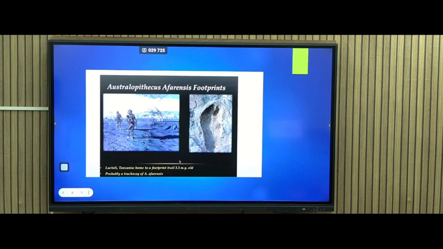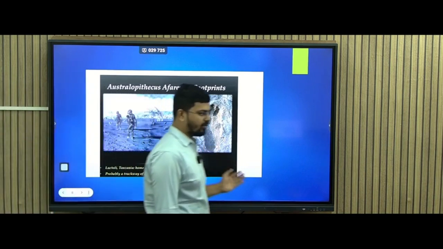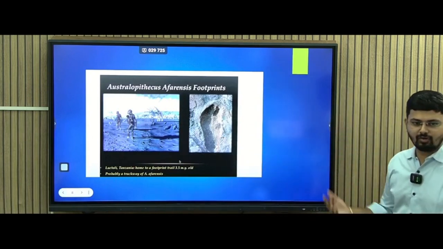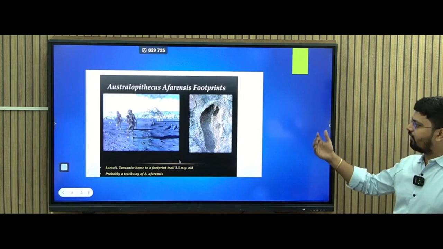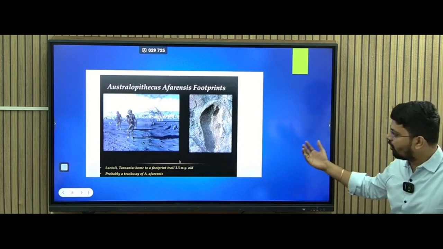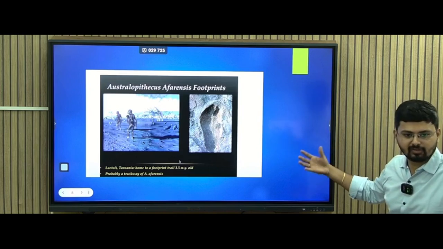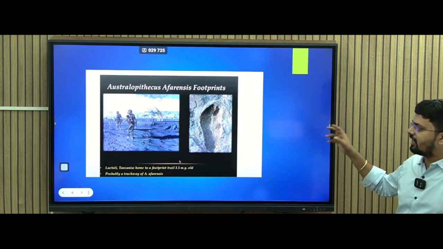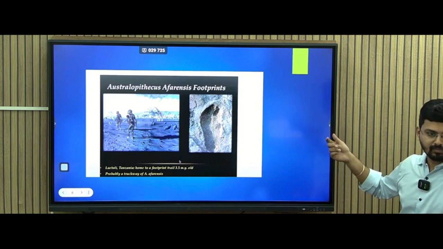When we study dating methods using potassium argon dating, there was one footprint present, and we wanted to know how far back it was. Using that, we found it was almost 4 million years ago, between 3 and 4. This is also known as the Laetoli footprints.